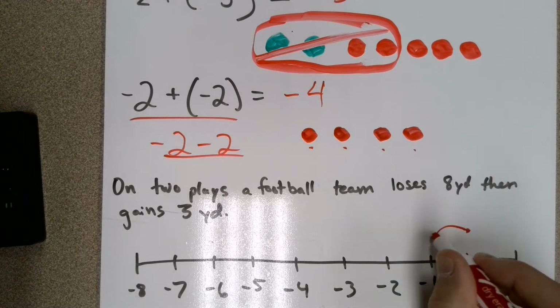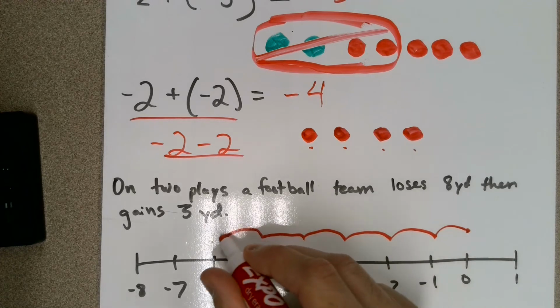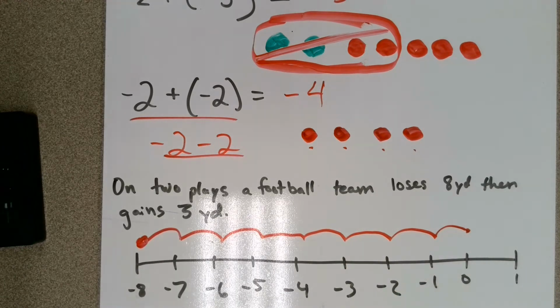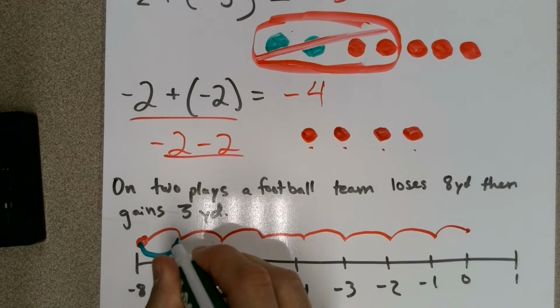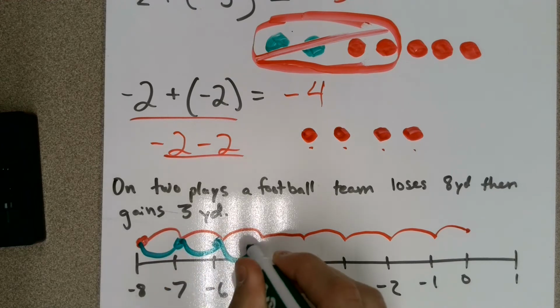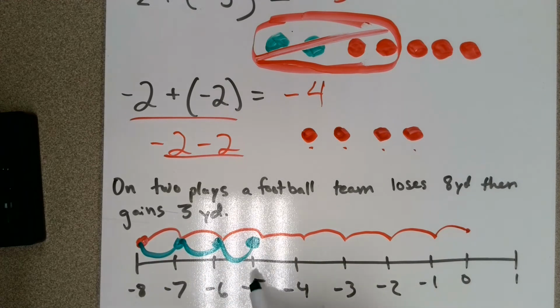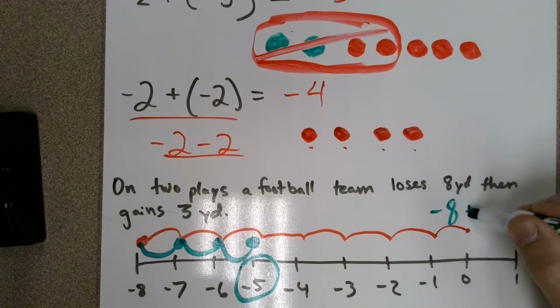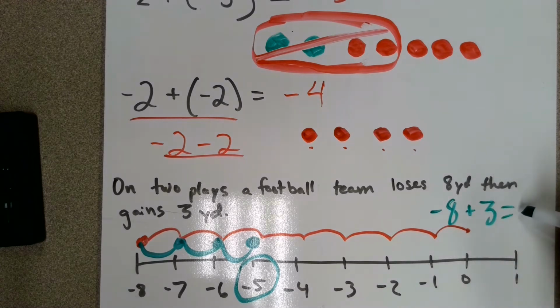So we're going to go -1, -2, -3, -4, -5, all the way to -8. Those are all negatives. Now that we're at -8, we know they then gain 3 yards. So we're going to go 1, 2, 3. That puts us at -5. So we got -8 plus 3 equals -5.